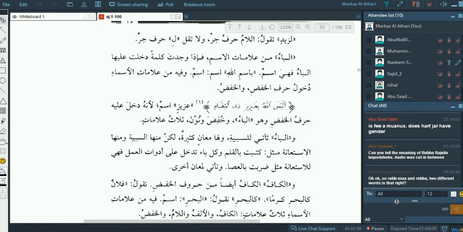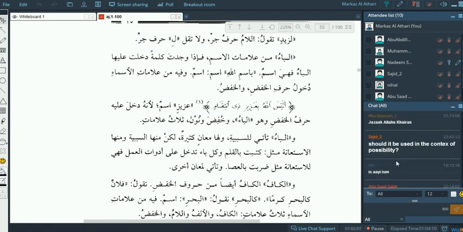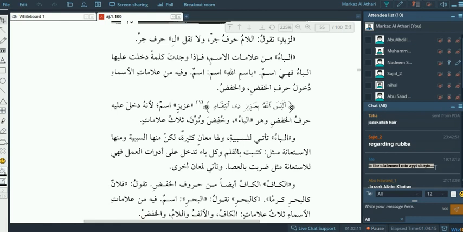ربما and رب are two different words. Well, the original word is رب, and the ma will be added to رب to create an extended meaning.